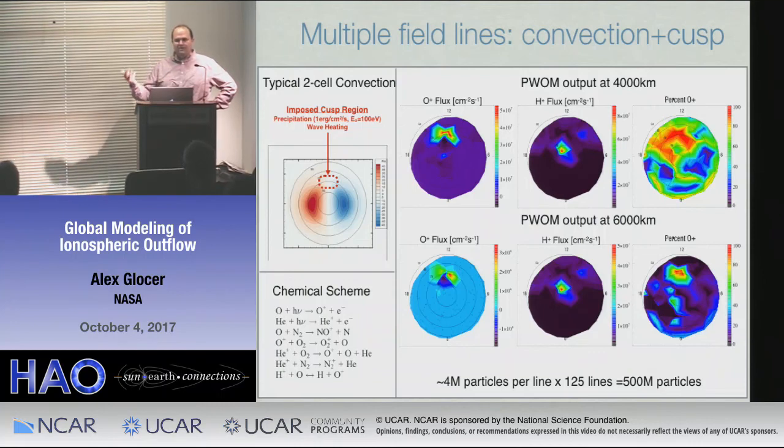But then there's a chemical lifetime, where you're producing your enhanced H+. And so the O+ enhancement ends up being displaced from the H+ enhancement because of this interplay between chemical lifetime and convection time. So I'm not 100% sold on that explanation yet, but I think it kind of makes sense.